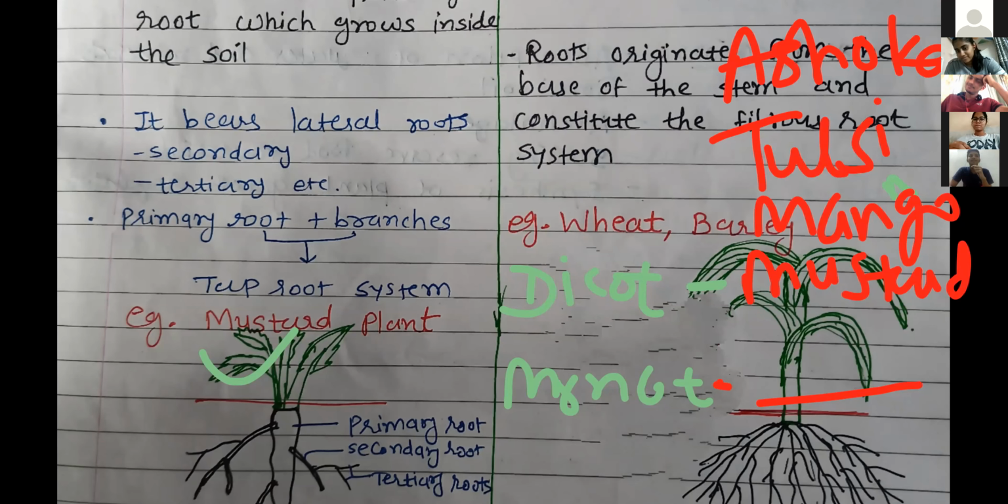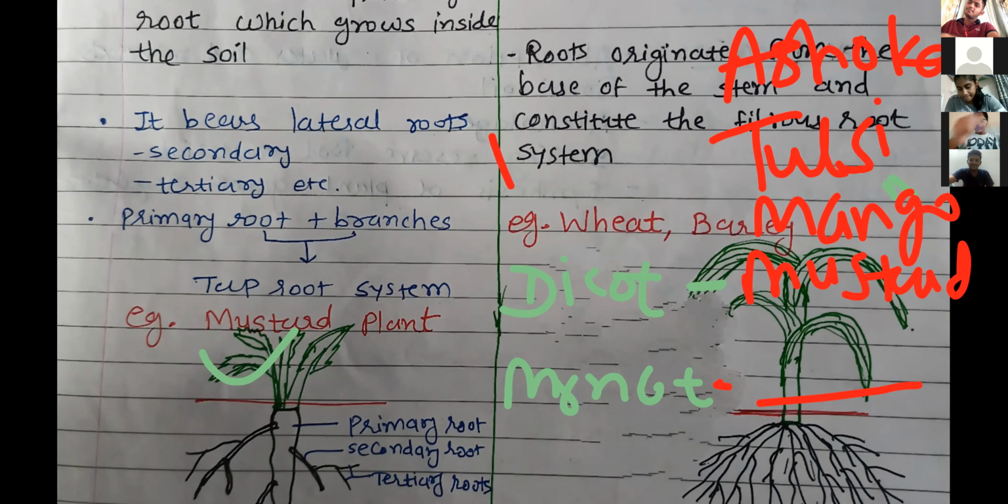Do you also know why our city is named Vadodara? On the basis of which plant? Say. Banyan tree. Yes, that is the correct answer.